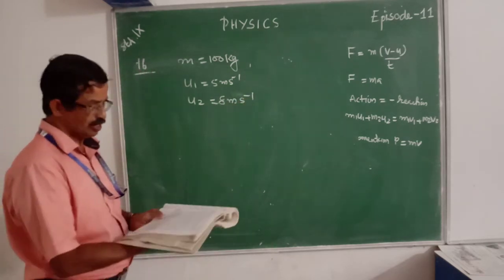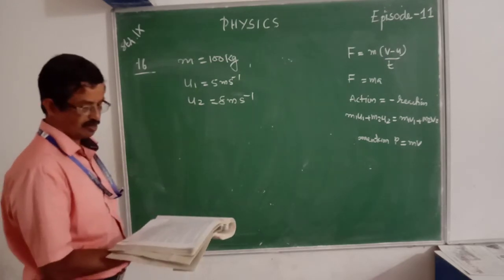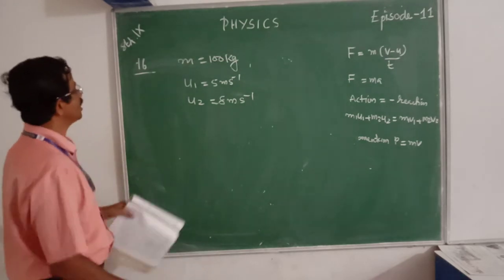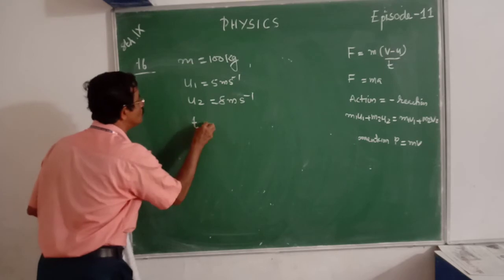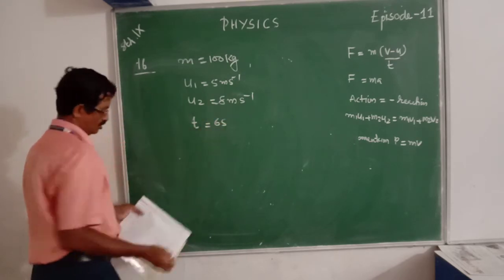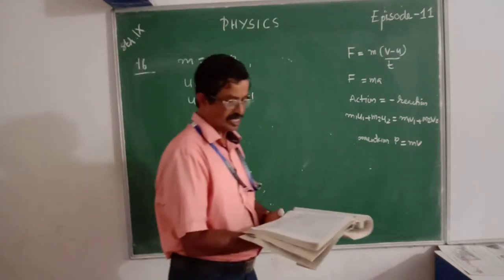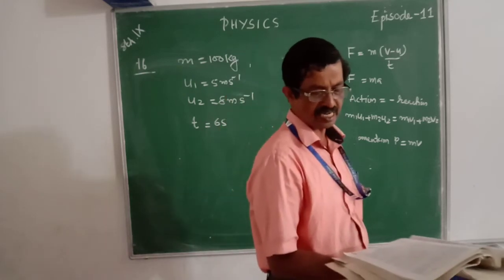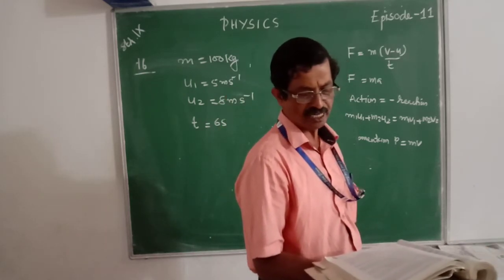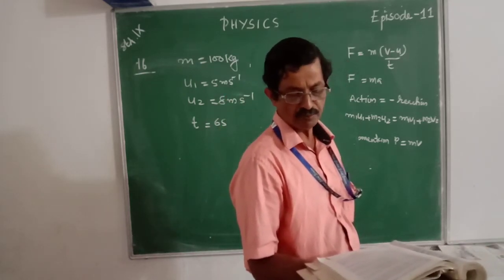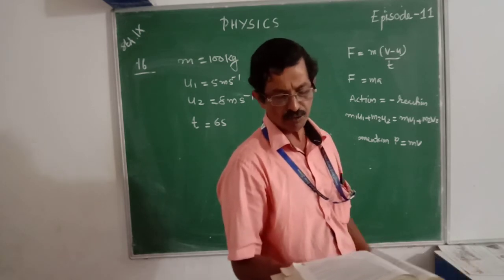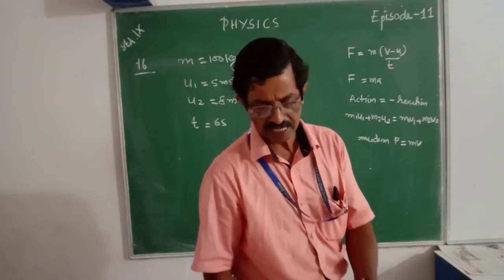Velocity u1 changes to u2, and the time taken for this change is t equal to 6 seconds. Calculate the initial and final momentum of the object. Also find the magnitude of force exerted on the object.